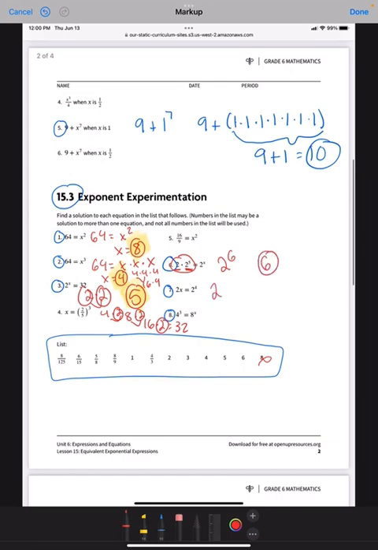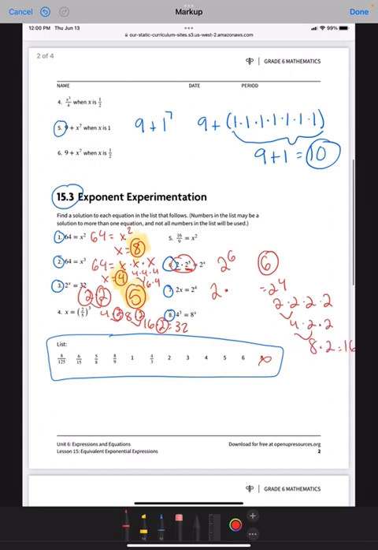They want to know what I can multiply 2 by to get 2 to the 4th. That one would be... I'd have to find what 2 to the 4th is. 4.